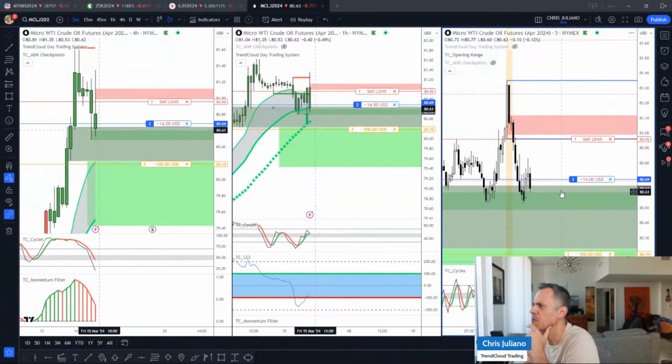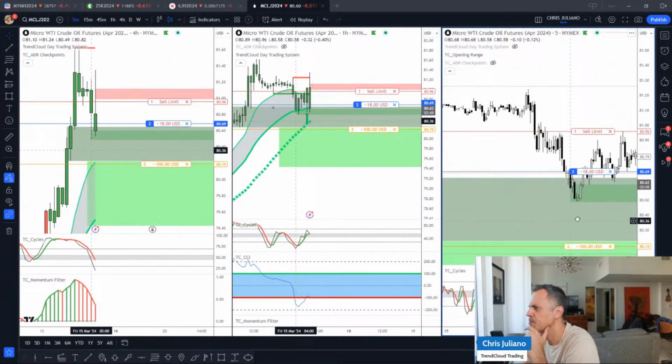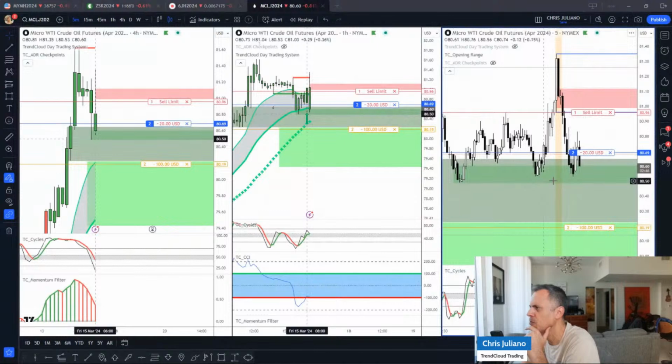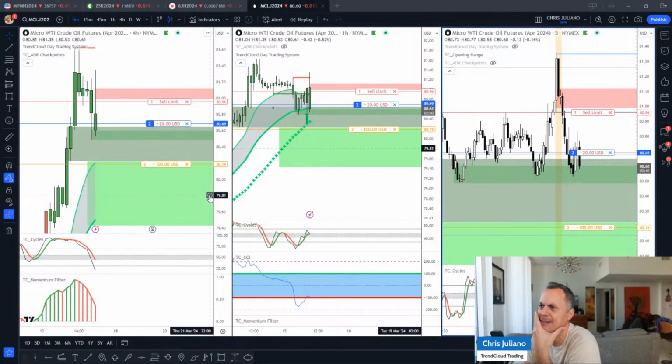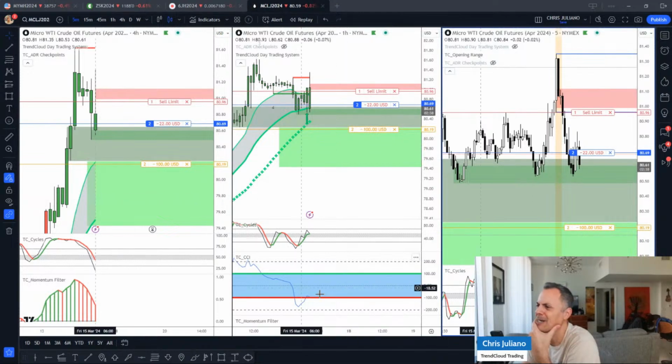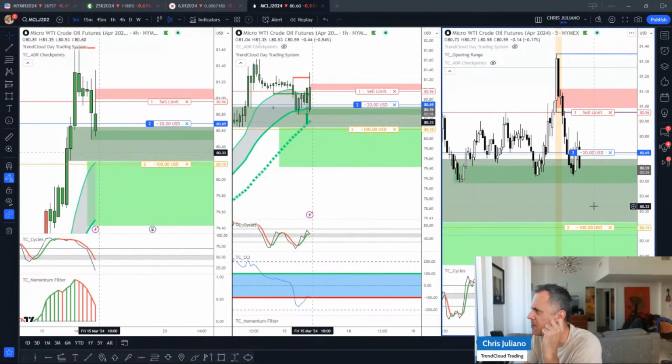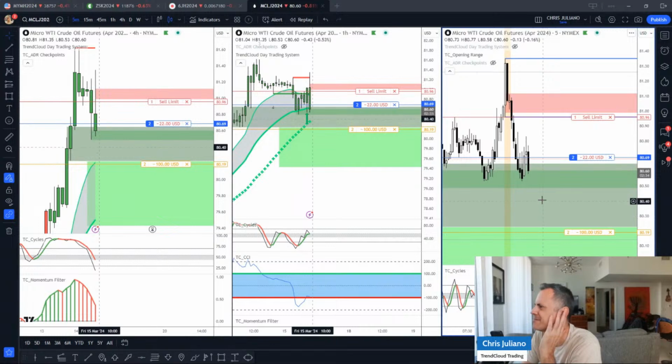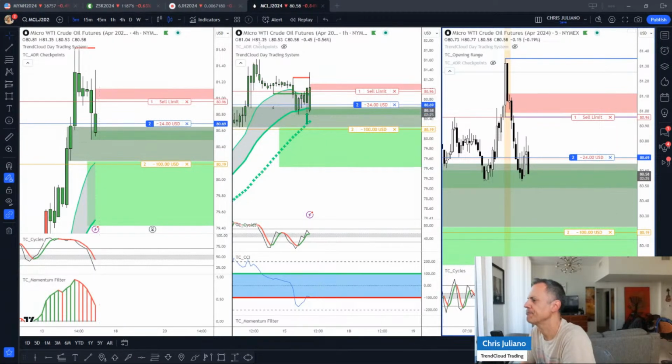Crude oil is finding support, and if we break through all of this, we're probably heading deeper. Wow, momentum is really against us here. Not really sure what's going to happen there. That's unfortunate.